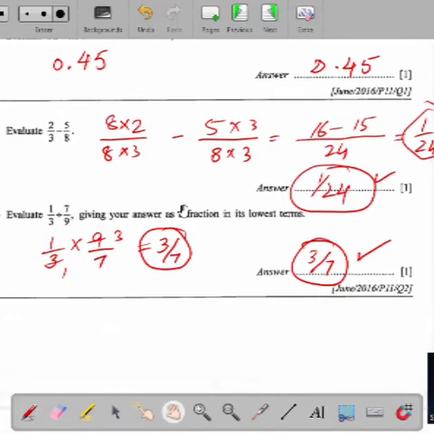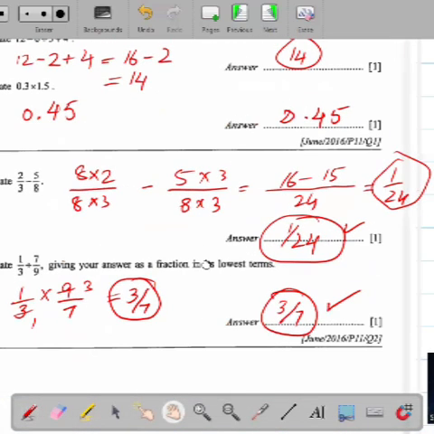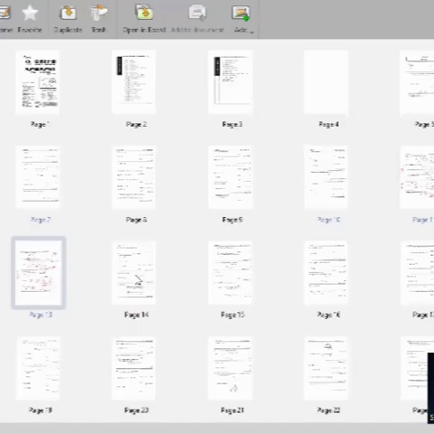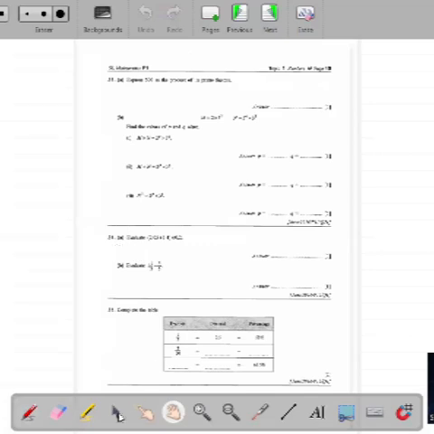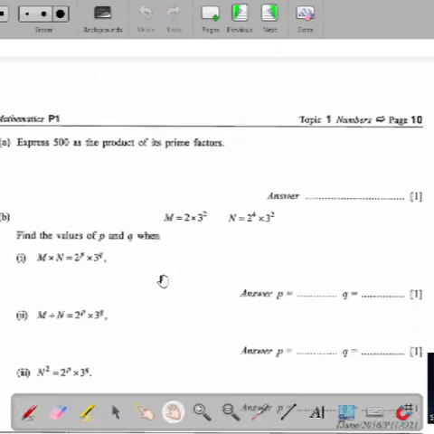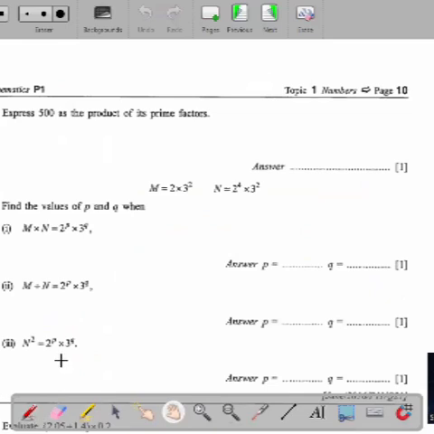Let's move to the next one. Express 500 as the product of its prime factors.